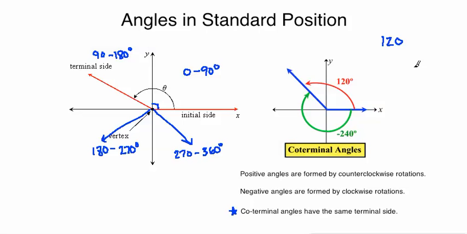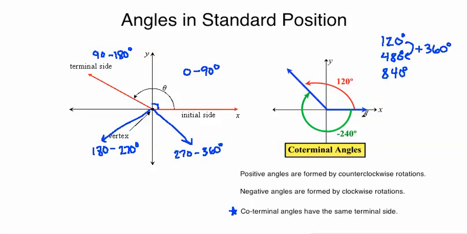So we'll add 360 to 120 and get 480. So these are coterminal. Could add 360 to that and get 840. Those are coterminal, and you can keep doing that. You can just keep adding 360 degrees. And these will be coterminal angles.